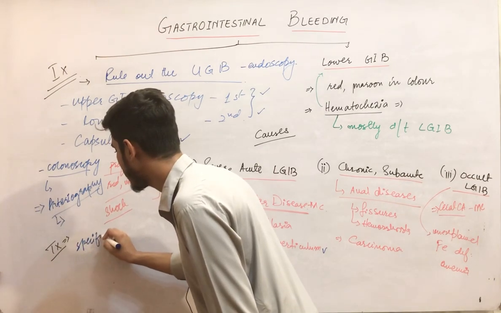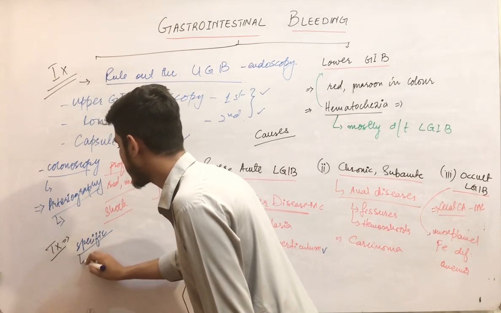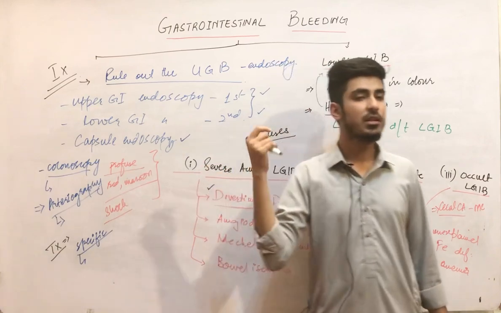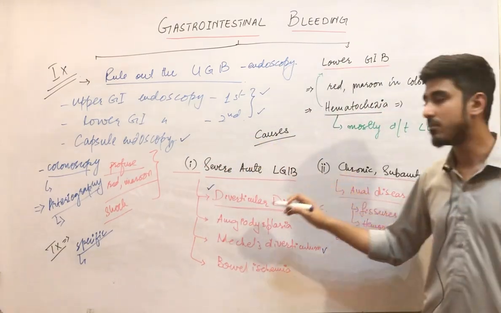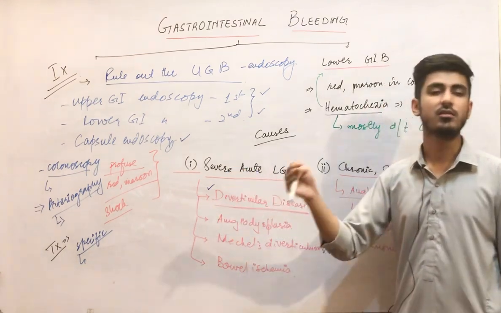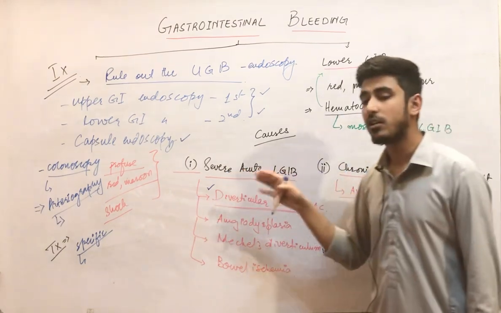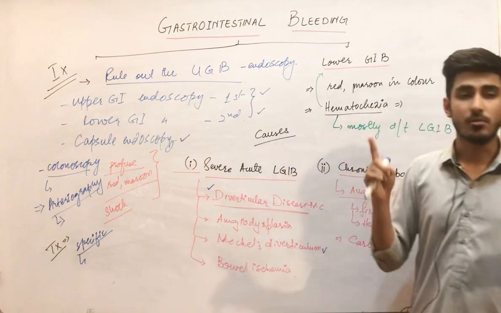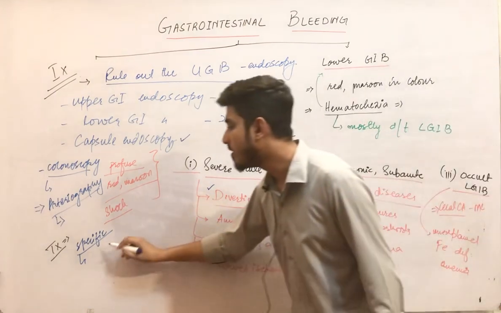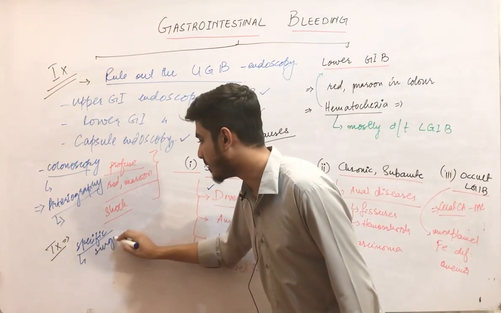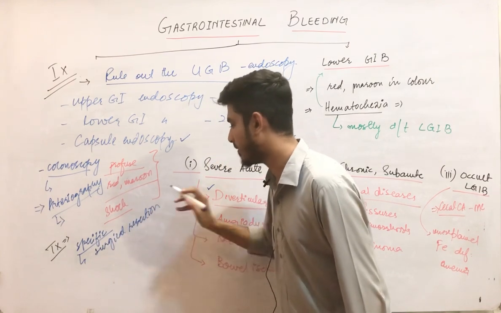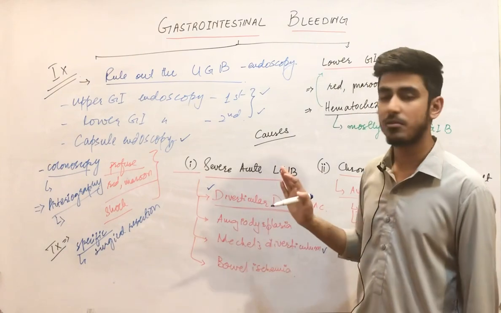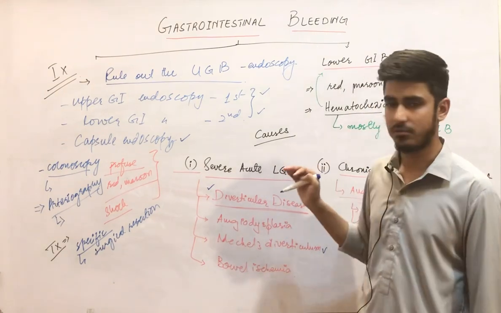Many times the bleeding of diverticular disease stops spontaneously, but if that bleeding does not stop spontaneously, then you have to do the surgical resection of that segment. Clear? This is the specific treatment for the diverticular disease.